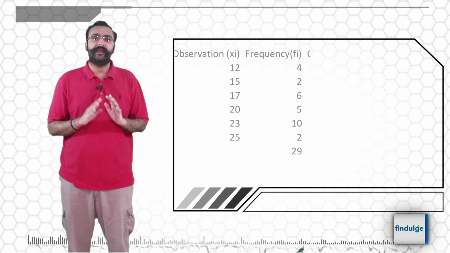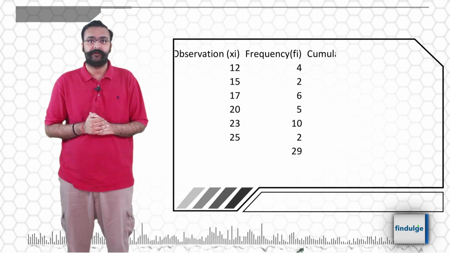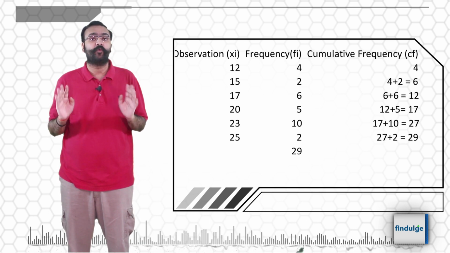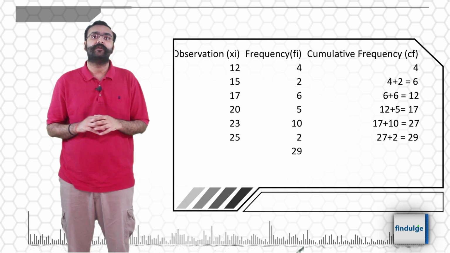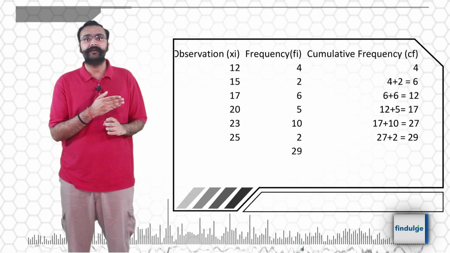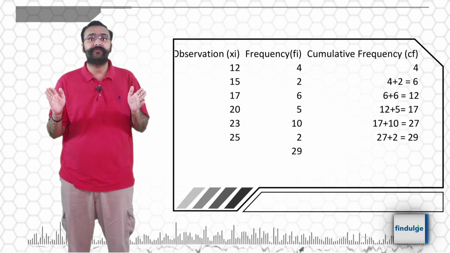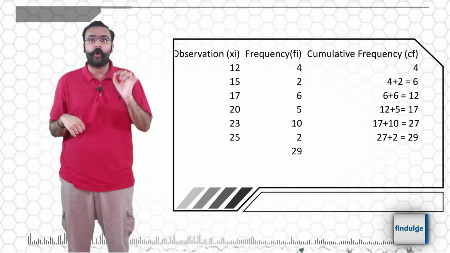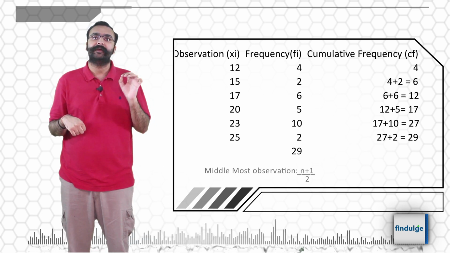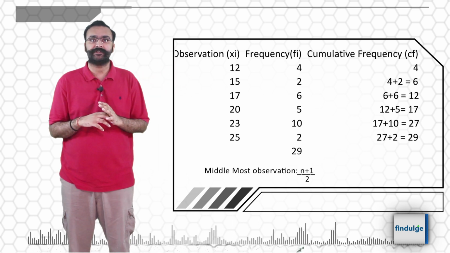Now, if you have an odd number of frequencies, you simply find what would be the middlemost observation. So, for example, here I have a total of 29 observations. The way to find it is that the middlemost observation, when you have an odd number of observations, is your (n+1)/2th observation, where n represents the number of observations.